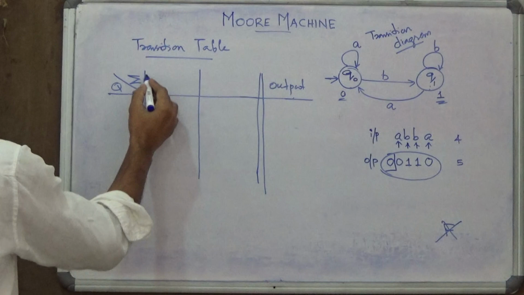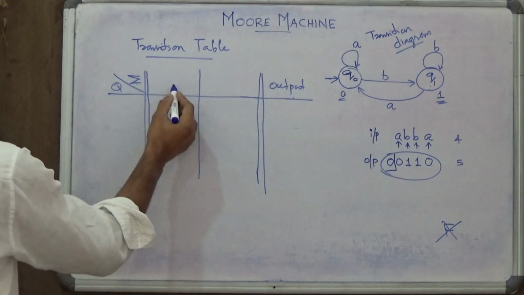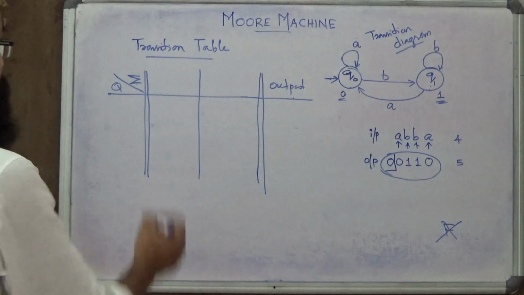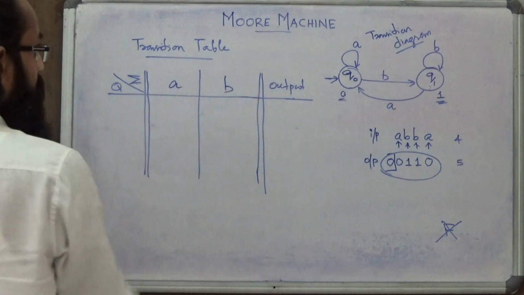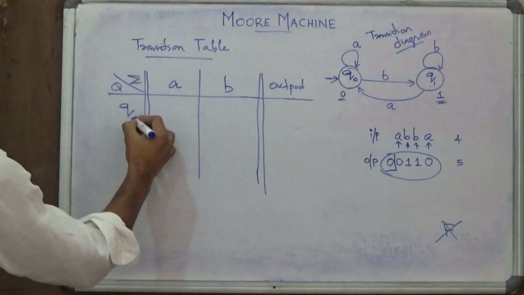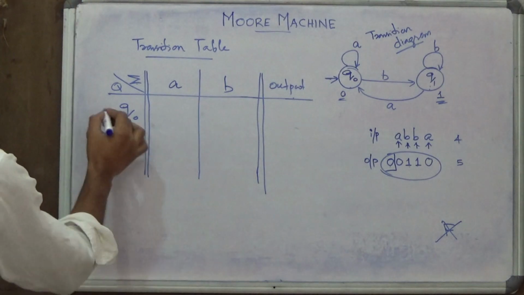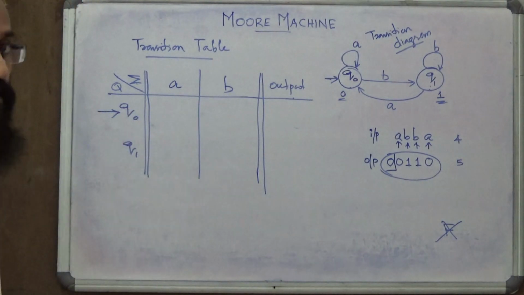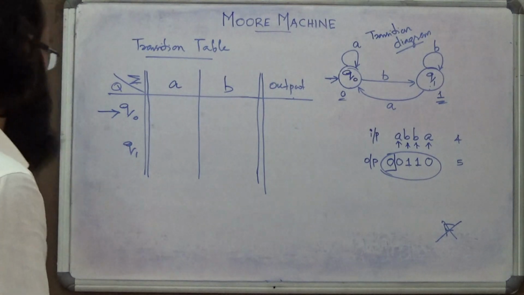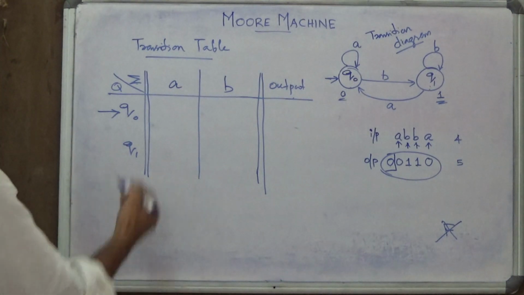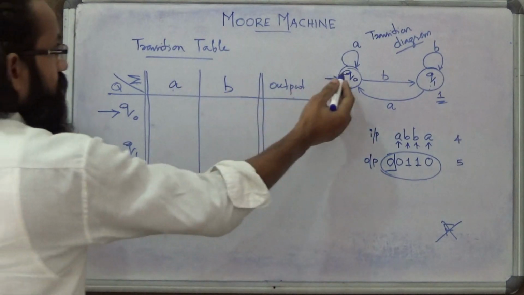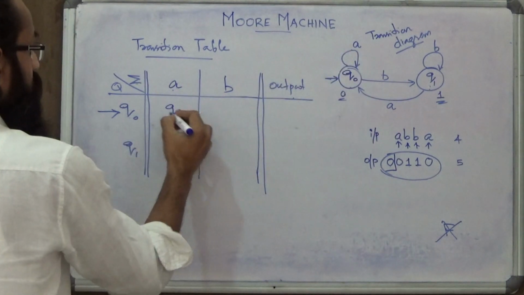Here you are having two input symbols, A and B. You are having states Q0 and Q1. You have to designate the start state using an incoming arrow. So what is delta(Q0, A)? It is Q0.